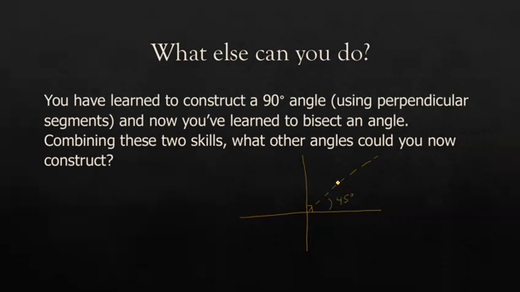Now, what if I take that 45-degree angle and I cut it in half again? If I draw another bisector, what angles can I make now? 22.5 degrees. What if I wanted to bisect that one again? How many angles can you now draw without ever having a protractor, just using a compass? Quite a few. You have lots of skills built up now.